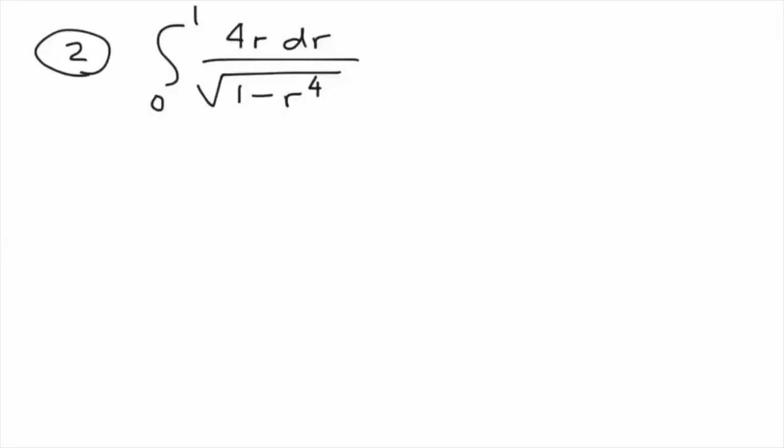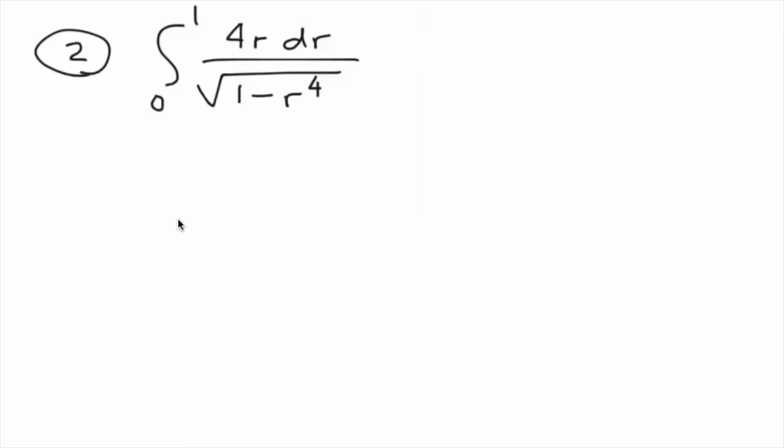Okay, here's the next example, the integral from 0 to 1 of 4r over the square root of 1 minus r to the 4th dr. I'm trying to resist the urge to make an RDRR joke, but I guess I just failed. All right, notice that this is an improper integral because this expression is undefined when r equals 1.